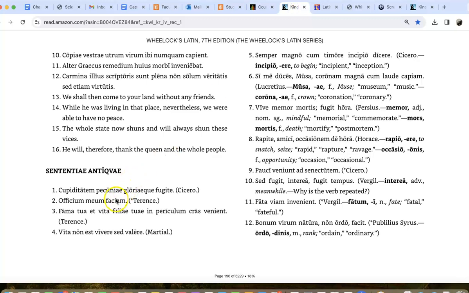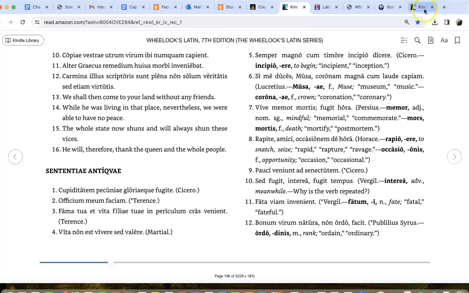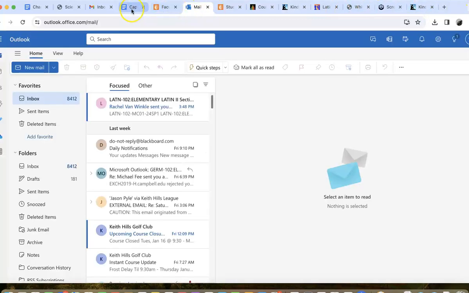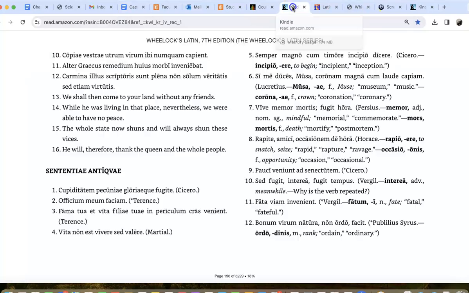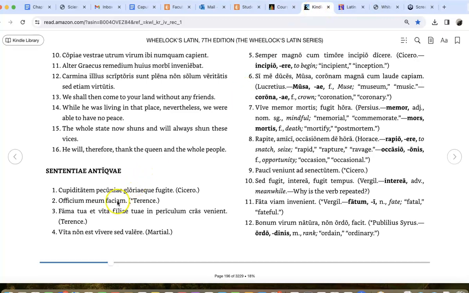So what we have here is: I will do my duty. So I will do, faciam, that's future tense.